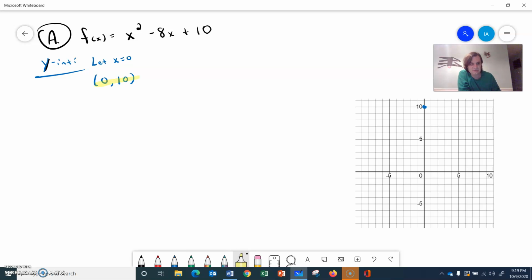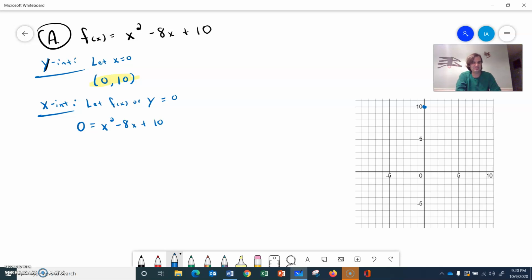Okay, the next thing I want to do is find the x-intercepts. In that case, I'll let f of x or y equal 0. So 0 equals x squared minus 8x plus 10.